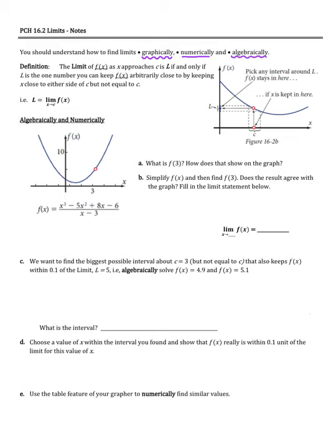So as x is approaching a particular c value, notice that your output, your y value, your f of x, is approaching a particular limit, whether that value is there or not. And what we're going to look at is how we can find intervals around our c value to keep our output around our limit within a certain amount.